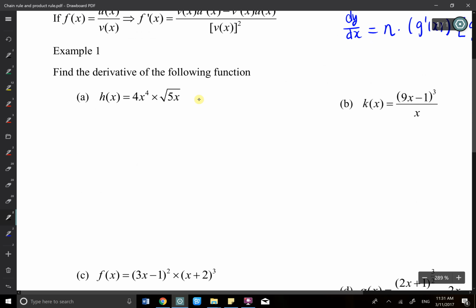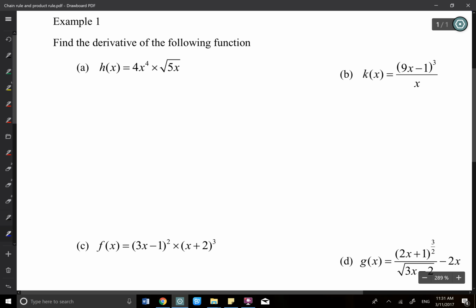So just have a look at the example below here. If we have h(x) equals 4x to the power of 4 times the square root of 5x, we can say u(x) is 4x to the power of 4, and then we can say v(x) is 5x to the power of a half.